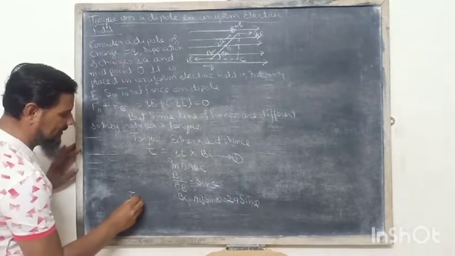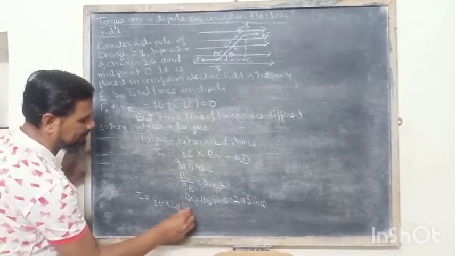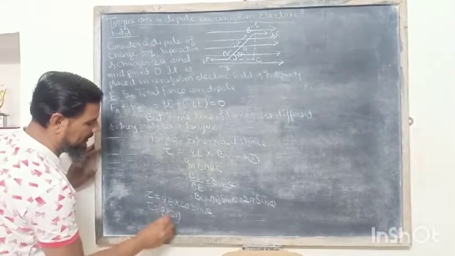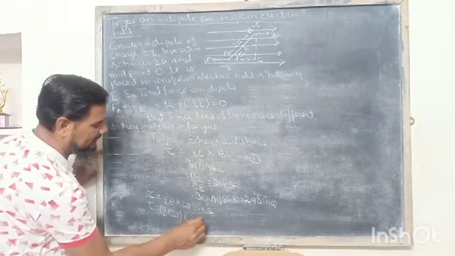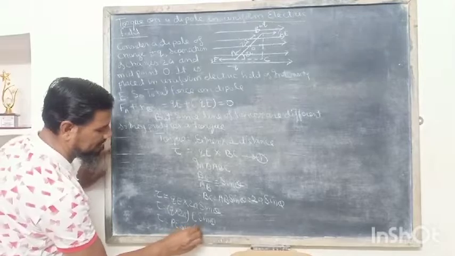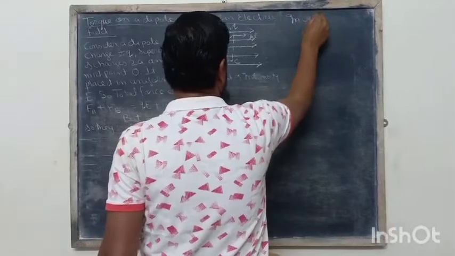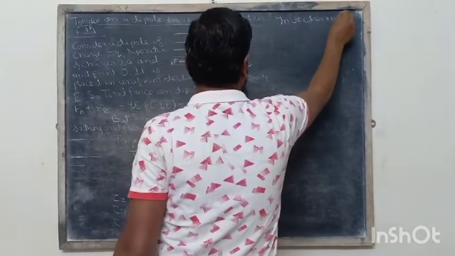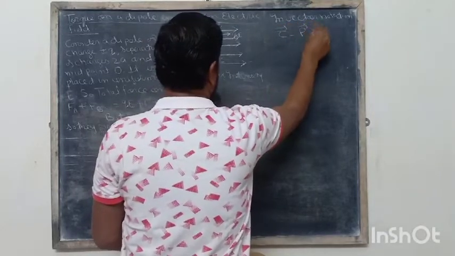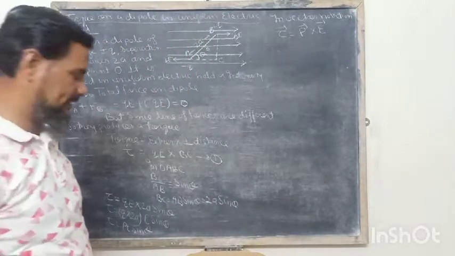So torque tau is equal to qE into 2a sine theta, or tau is equal to q into 2a into E sine theta, or tau is equal to pE sine theta. In vector notation, tau is equal to p cross E.